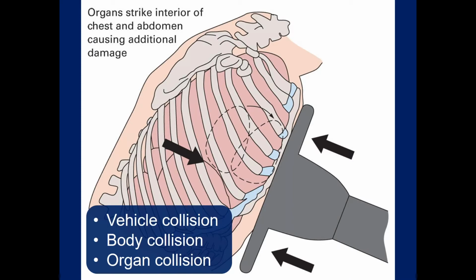So we have the initial vehicle collision, which is going to propel our patient forward. Then we have the body collision. So that's my body hitting something inside that vehicle. Then we have the organ collision on the inside, with my organs coming and hitting the internal structures of my body. And we also can add the fact that after that happens, I'm probably going to be slammed into something else and start this whole process all over again.